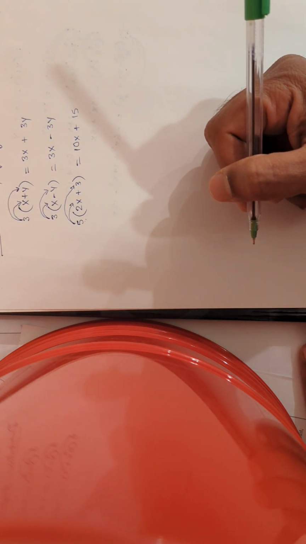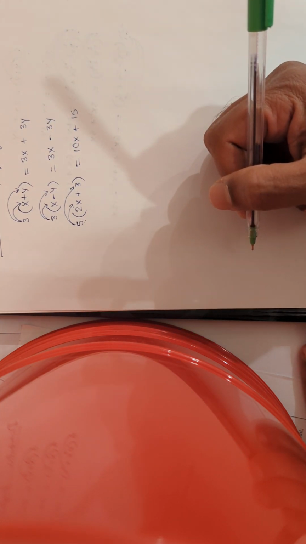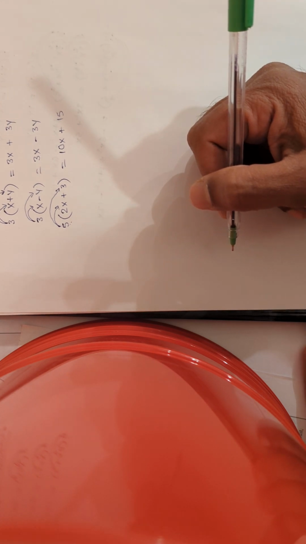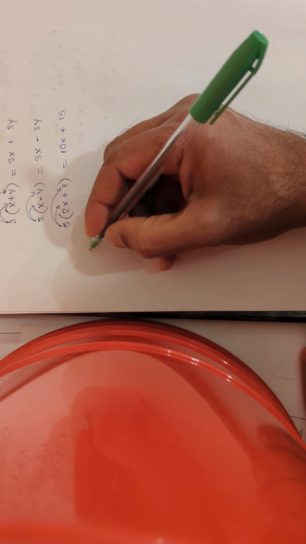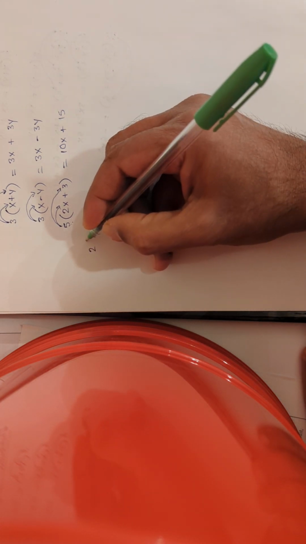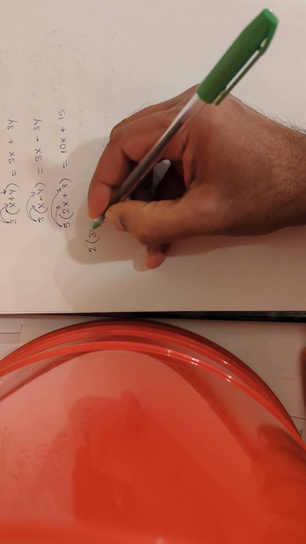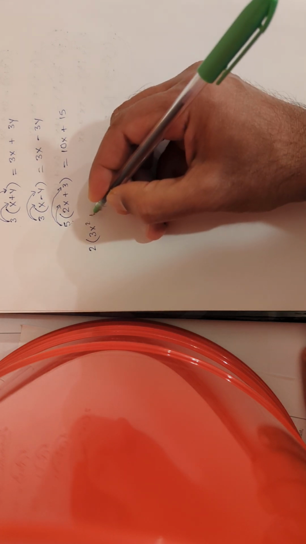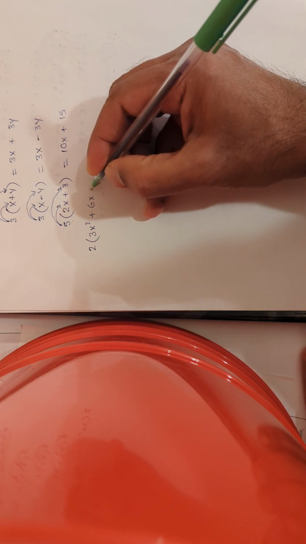Now let's look at one other example where you have more than 2 terms. Say there are 3 terms. So something like 2 times (3x square plus 6x minus 7).